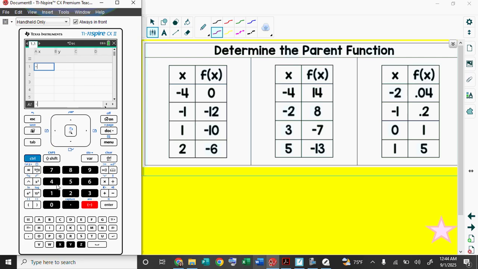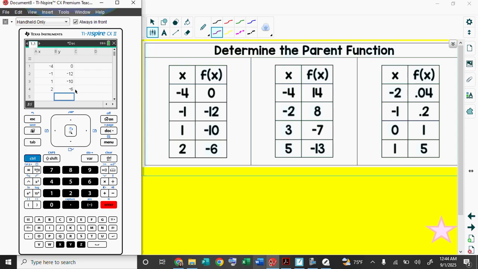So -4, enter, -1, enter, 1, enter, 2, enter. We've got to go over here and get back up here and say 0, enter, -12, enter, -10, enter, and -6, enter.